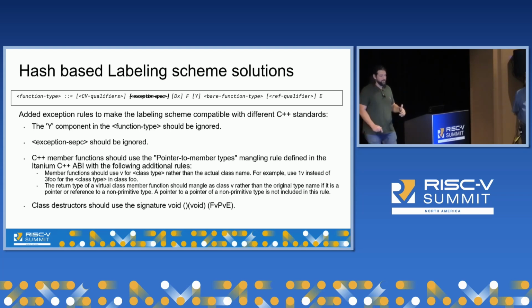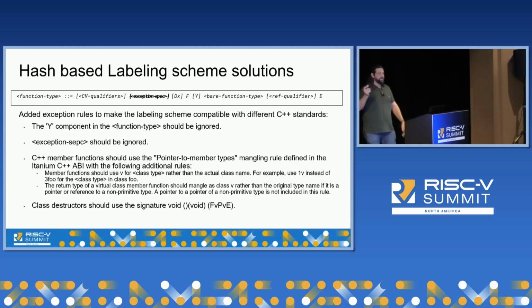for control flow integrity. So the Y component in the function type should be ignored, which indicates whether it's a C or C++ function. The exception specification should be ignored because it doesn't offer any significant insight for control flow integrity. And for C++ member functions, they should use the pointer to member type.